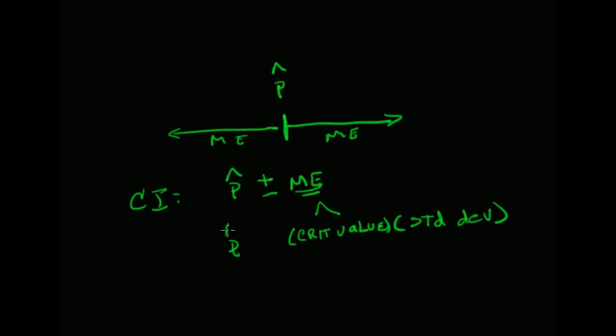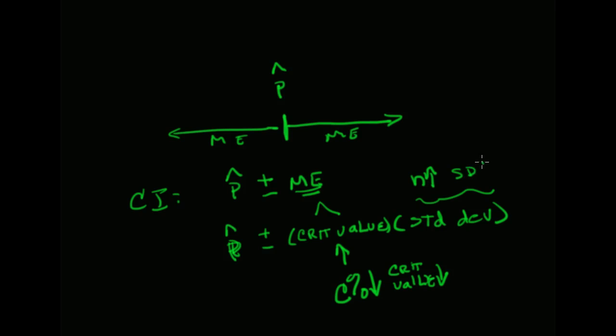So it can be written as the point estimate plus or minus the critical value times the standard deviation. The critical value is largely controlled by the confidence level. As the confidence level goes down, the critical value also goes down, which makes a smaller interval. As the sample size goes up, the standard deviation goes down, which would also make the interval smaller.